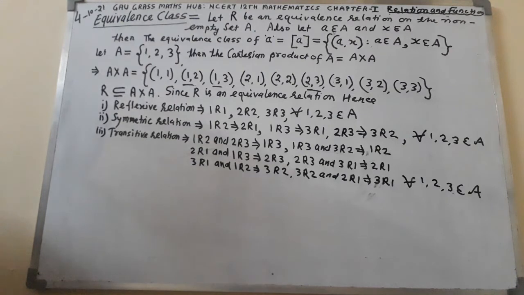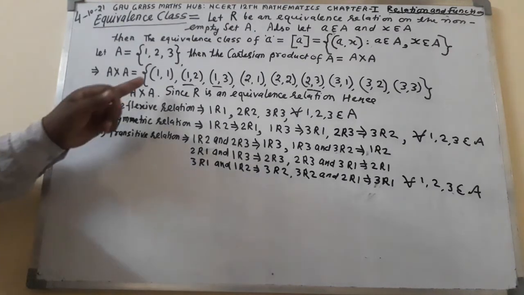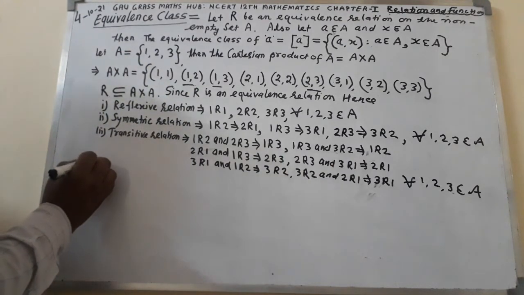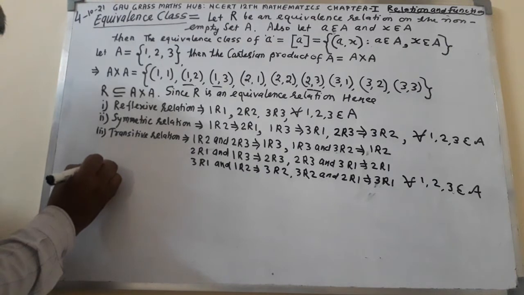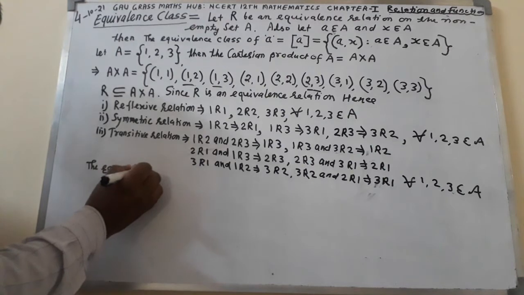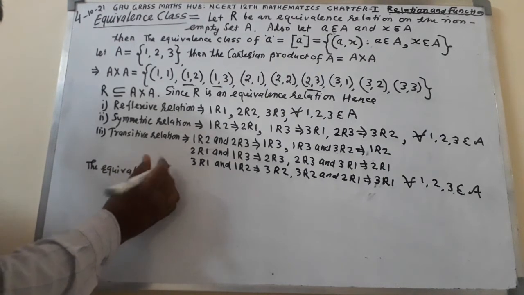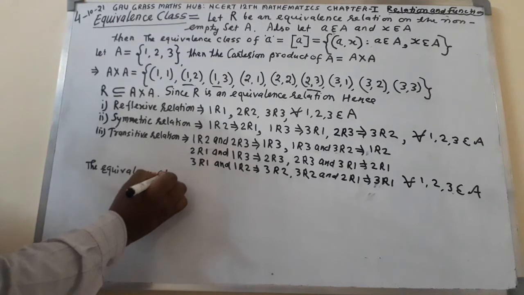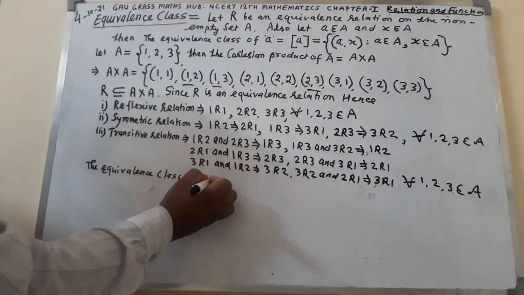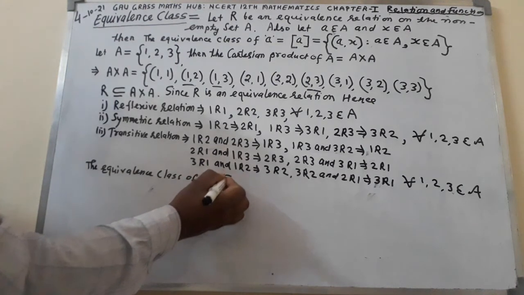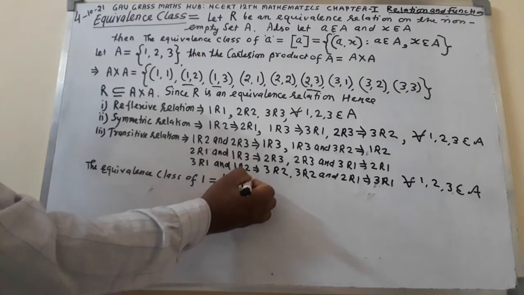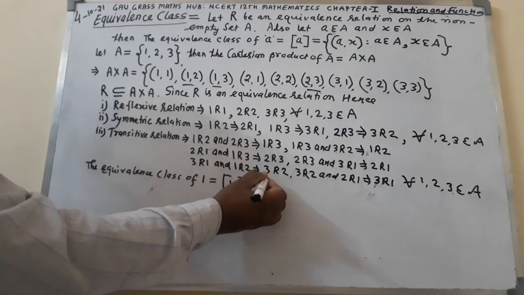Now equivalence class. So here I shall write, if I take the equivalence class of 1, opening of square bracket, closing of square bracket, you will get open here curly bracket.